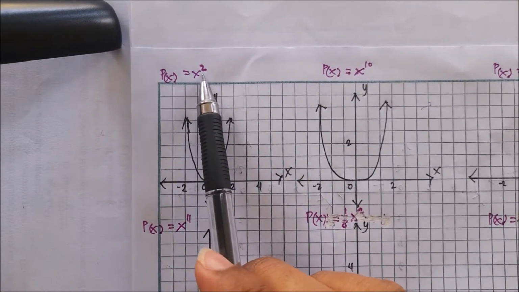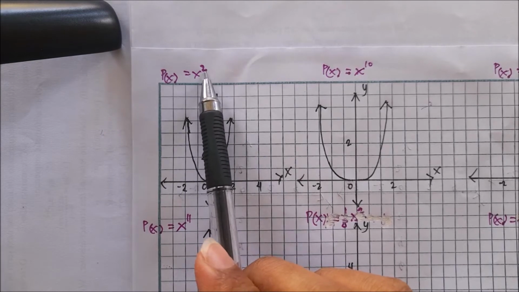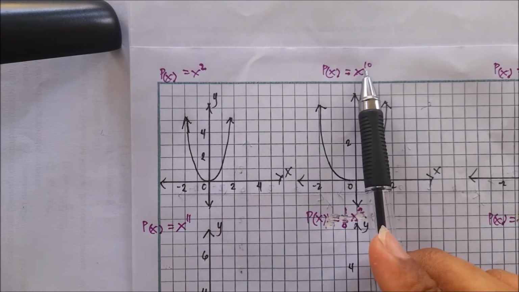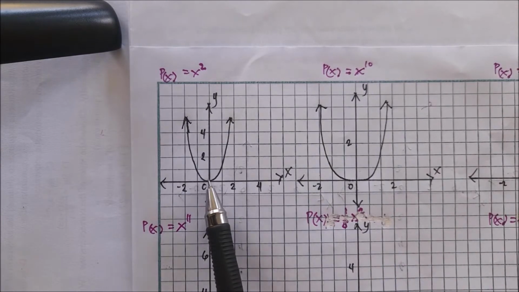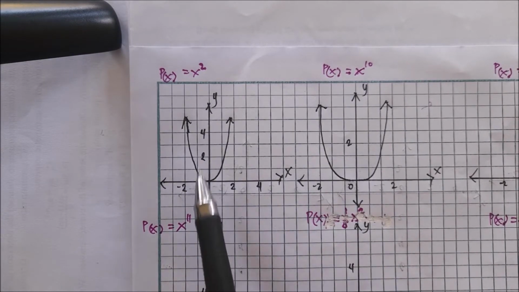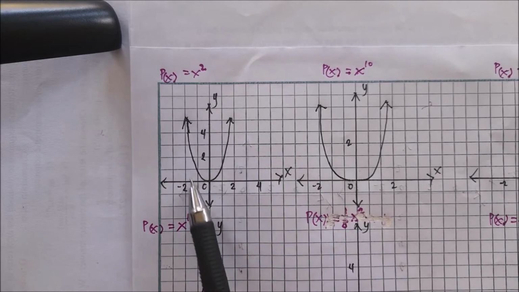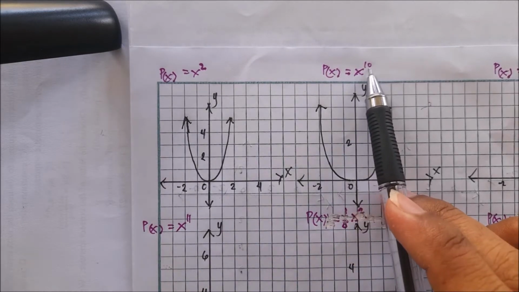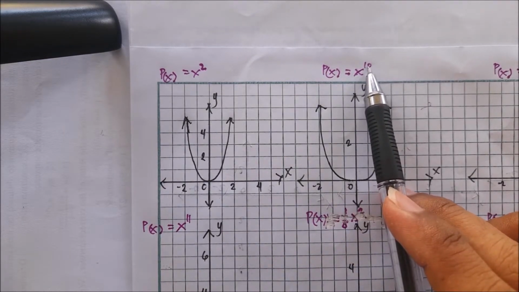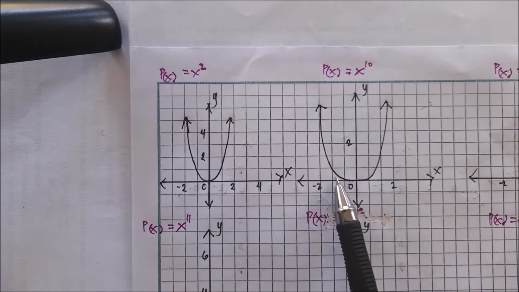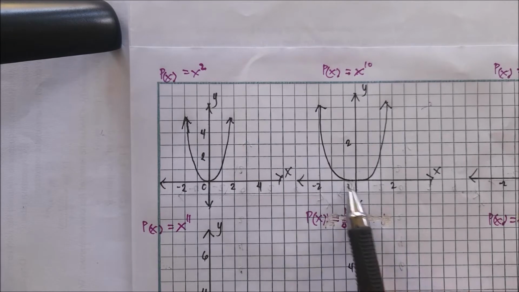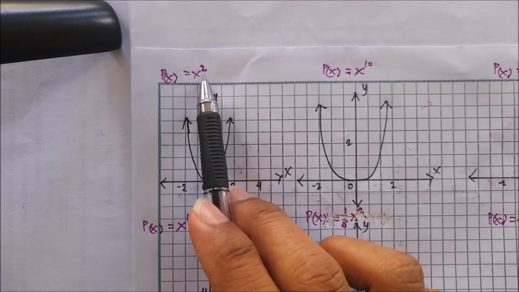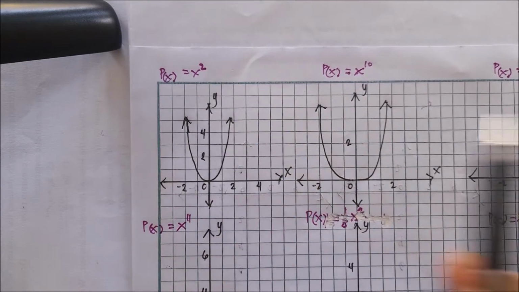When the exponent is smaller than the exponent of the second equation, the graph has a narrower curve, while the greater the degree, the wider the curve is compared to the smaller exponent.